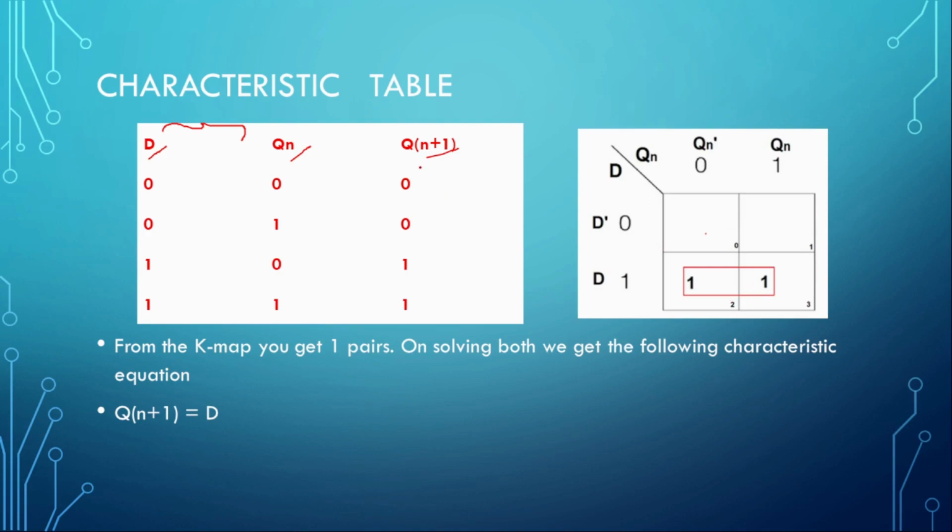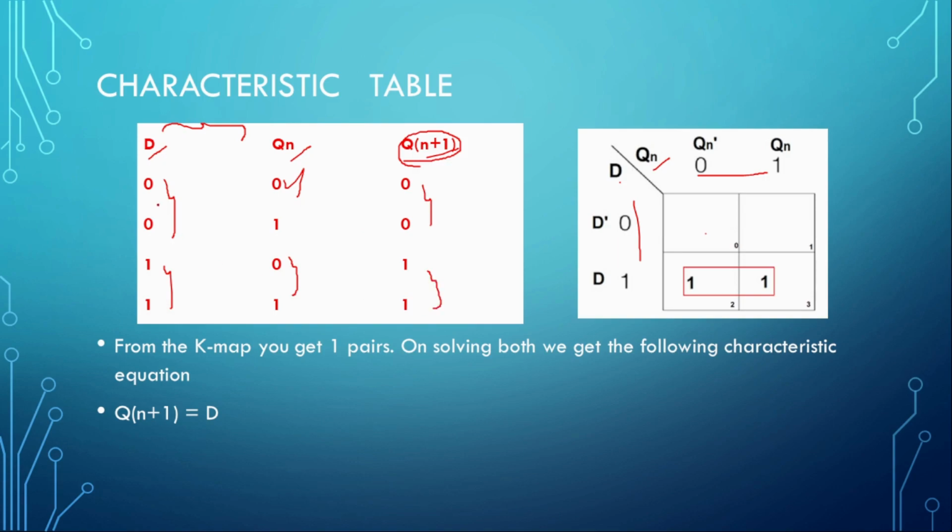And this is the equation you need to derive with the help of the K map. This is Q and this is Qn. And the 4 cells will be filled with 0, 1 in column and 0, 1 in row. And fill the values of the 2 variables, D as 0, 0, 1, 1, and Qn is filled with 0, 1, 0, 1. You will get an output like this: 0, 0, 1, 1.